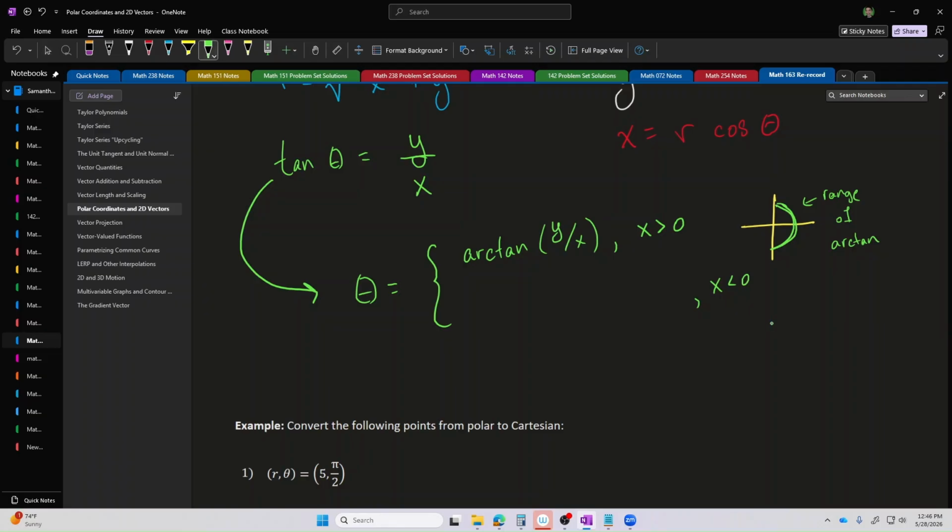If you're dealing with a point that's outside of arctan's natural range, then you have to assist arctan by adding 180 degrees to its output to produce angles on the left half of the xy plane. So this is the formula that we would use if we're dealing with a point that has negative x's over here on the left side, outside of arctan's natural range.